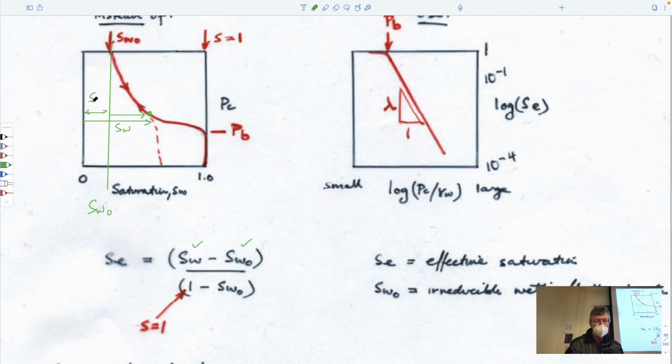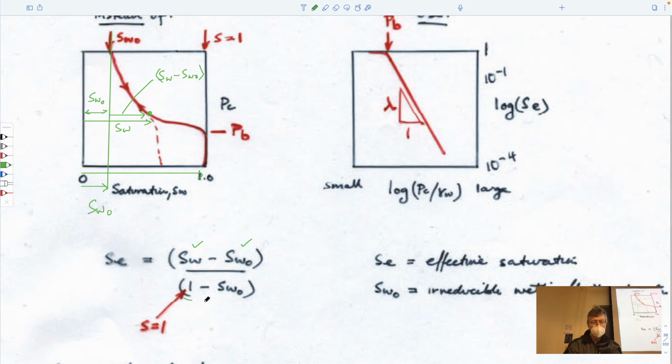This amount is SW0, and so this amount here is SW minus SW0. That's physically all that is. So this term on the top is that. And this term on the bottom is just 1, which is all the way across here, minus SW0.